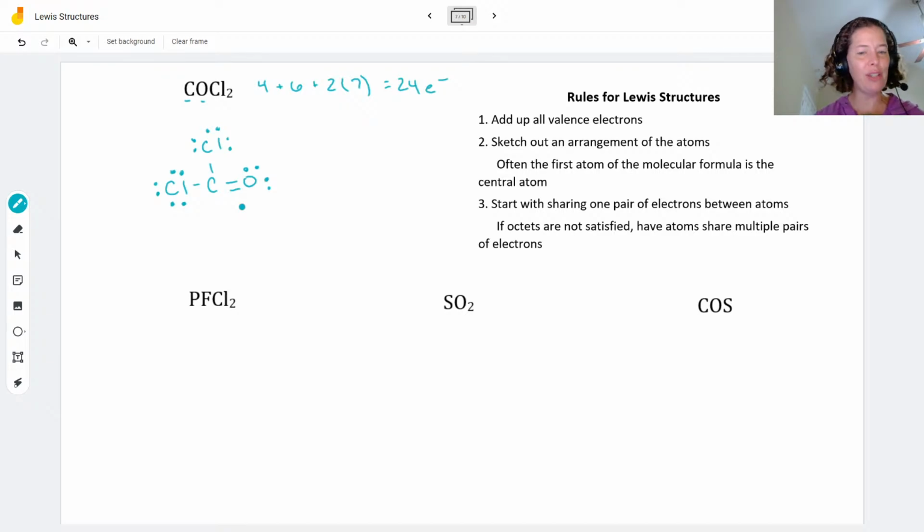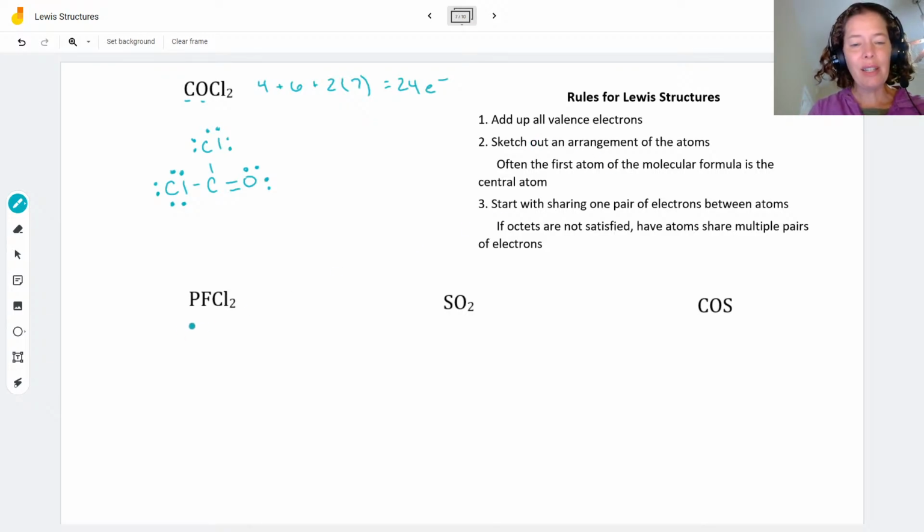Okay, let's go on to our next one, PFCl2. Again, this one looks kind of crazy, but we always start with step 1: we add up our valence electrons. Don't worry if a molecule looks really weird or you don't know what it's going to look like; just start with your first step and let each step come as it needs to.